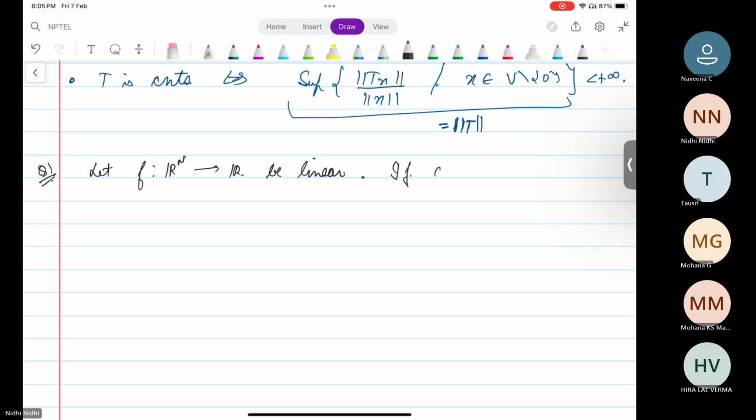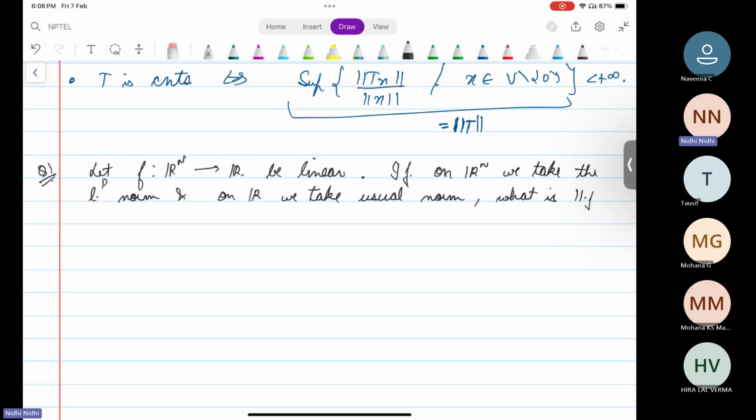If on Rn we take the LP norm and on R we take the usual modulus norm, then what is norm f? Basically, we need to see how this norm f looks like with respect to the LP norm and the usual norm.